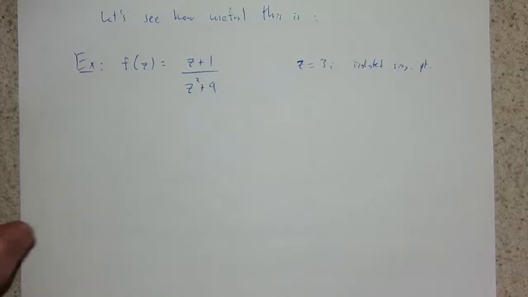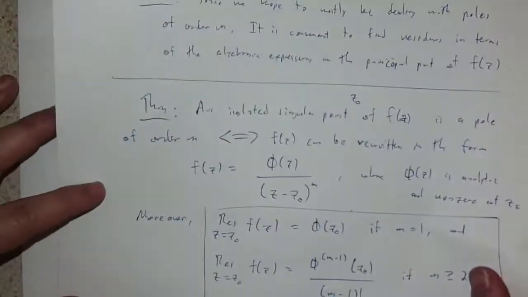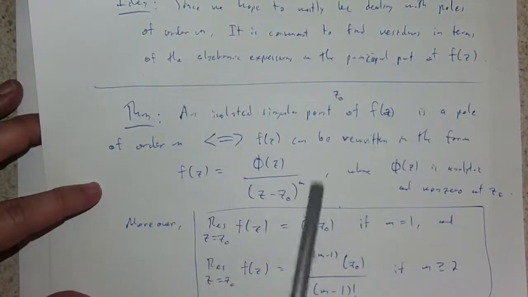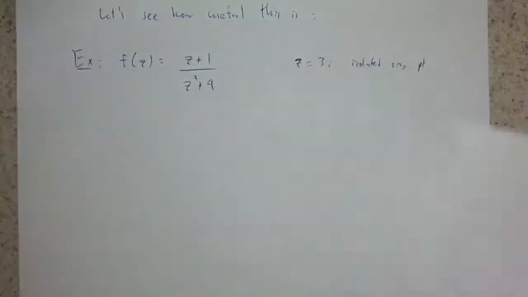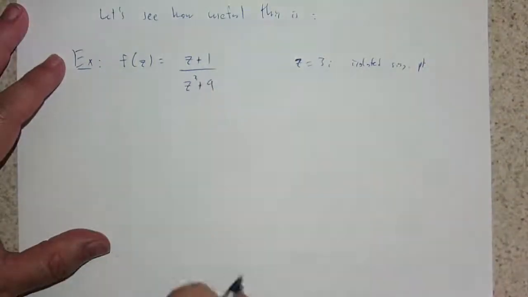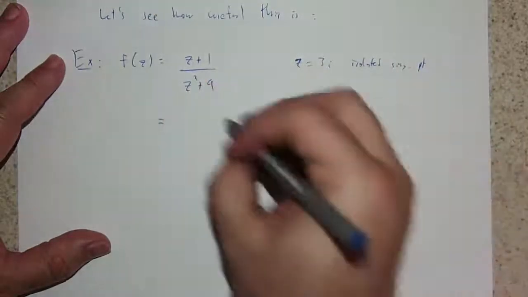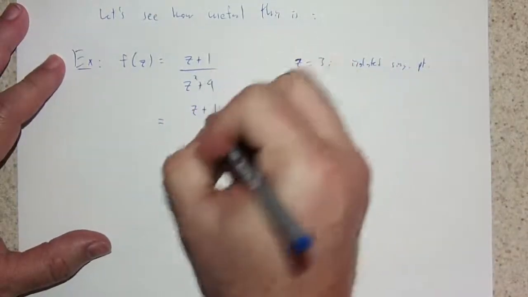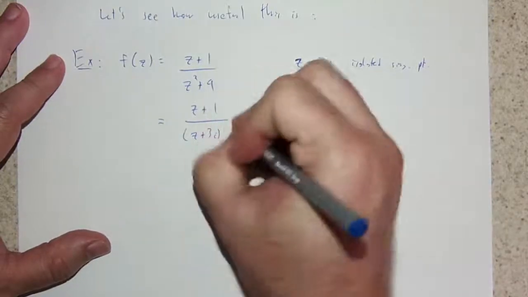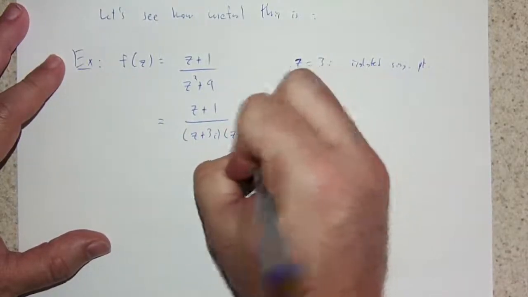How can I rewrite this in some form that looks like this? Well, I can actually factor this bottom. This bottom quadratic fully factors. This is z plus 3i times z minus 3i.